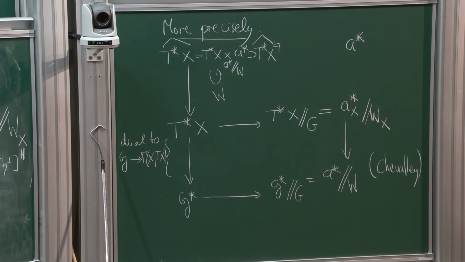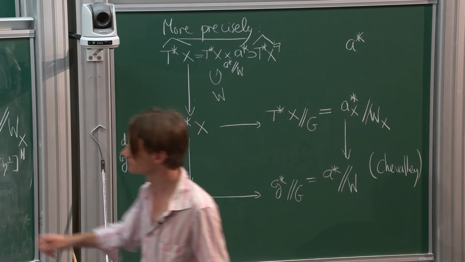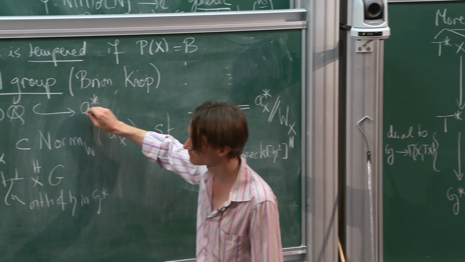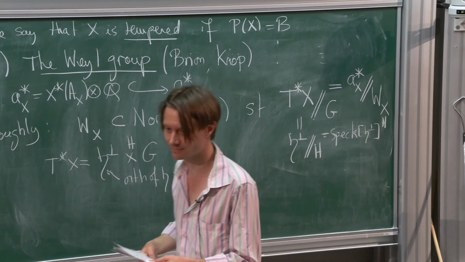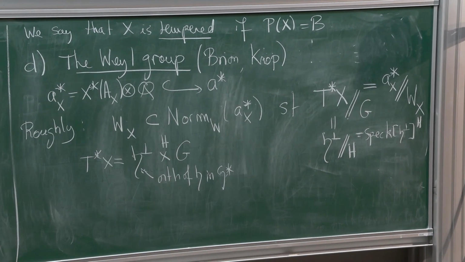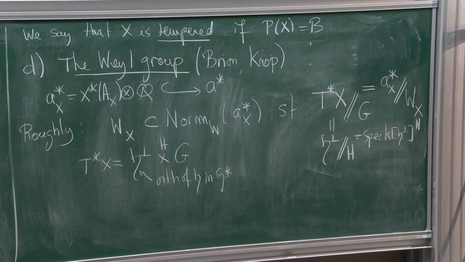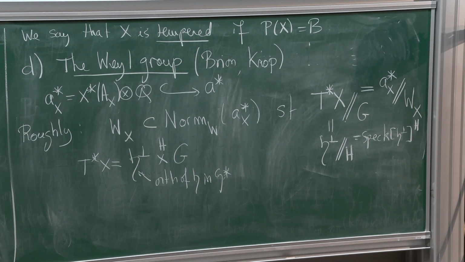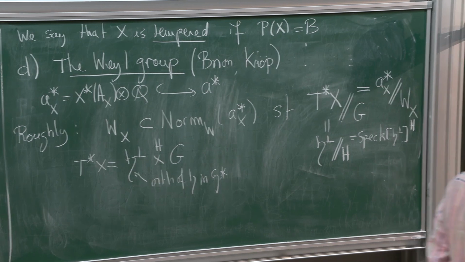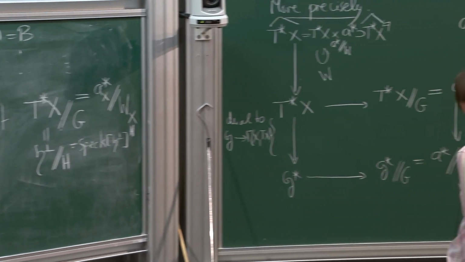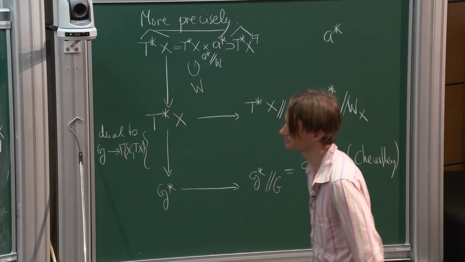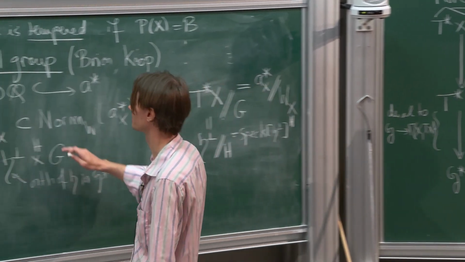Raphaël? Yes? There is an A star which is a dual Lie algebra, and there's an A star which is the character group tensored by Q. Yes, that's right. When you consider the moment map, yes, sorry, you mean A star, the dual.